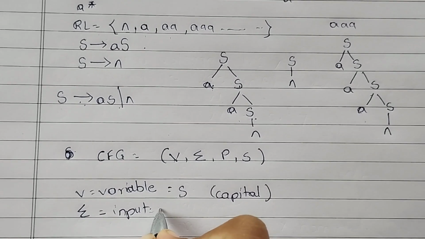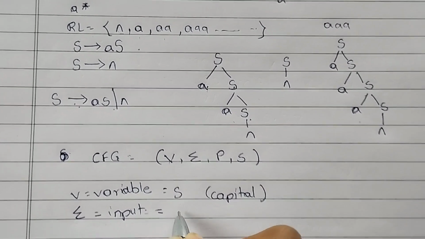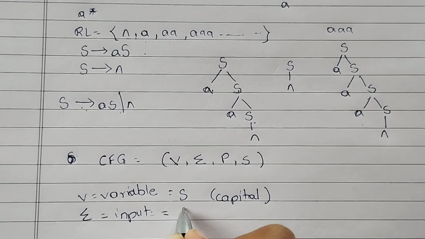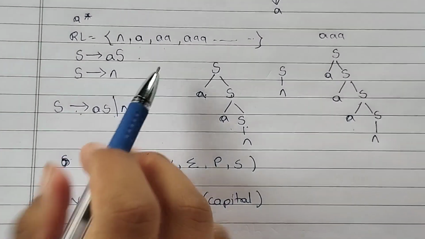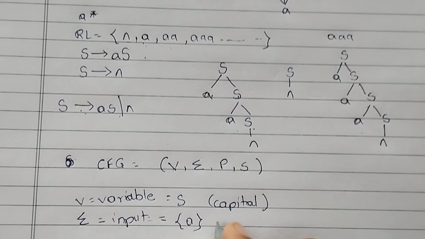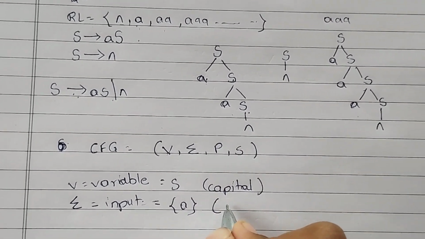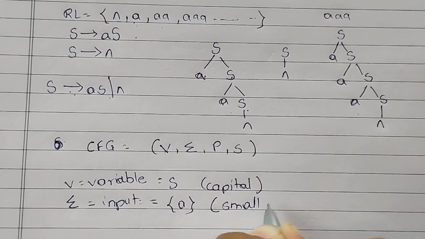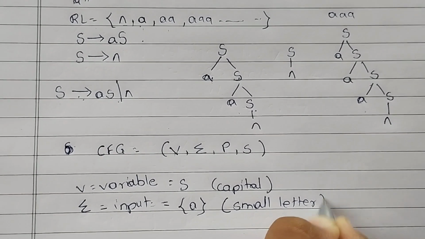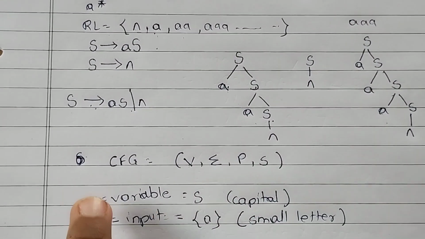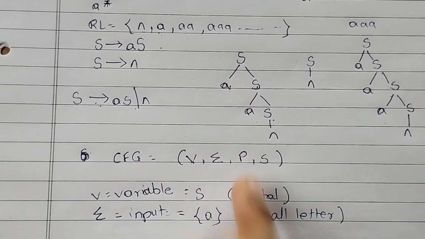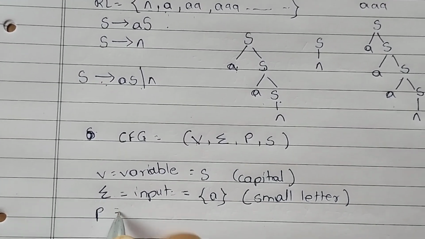In this case our A is the input, only simple A is the input, and these are written in small letters. So which are in small letters, write in the sigma. Which are capital, write in V. Then P. P is nothing but the production.